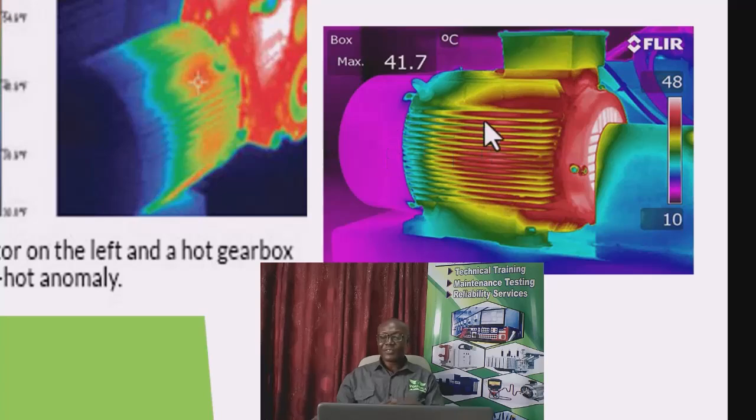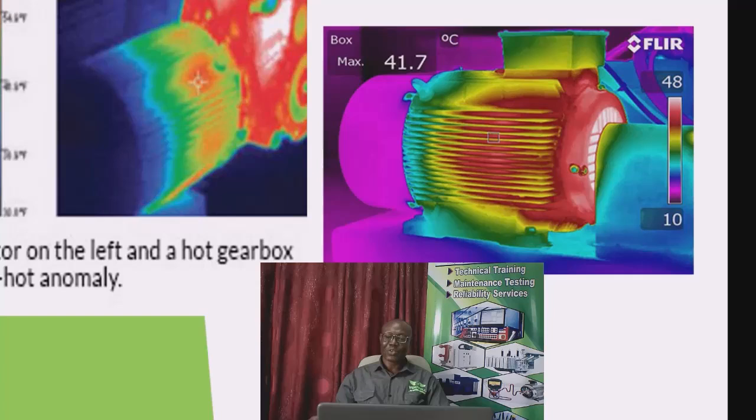Then if you have those fins, remember we said we don't need them to be blocked. If you have them blocked, you will not see this thermogram. Then if you come to the front, remember we have a bearing around this front housing. Because of the frictional force around the bearing, heat is always generated when it is working, and that heat is given off onto the bearing housing.